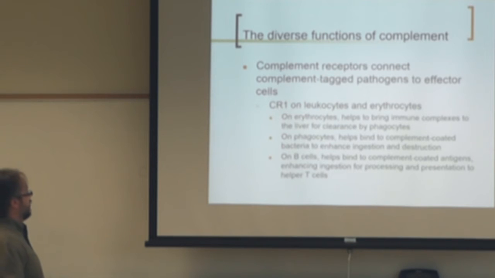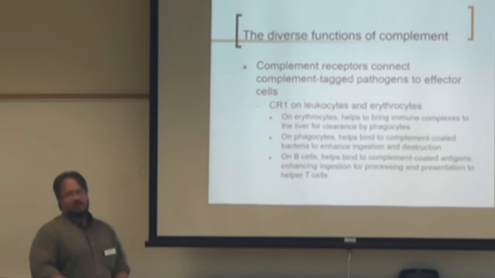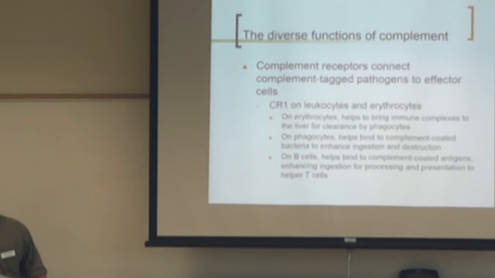On phagocytes, it helps bind the complement-coated bacteria, enhancing ingestion and destruction. On B cells, when it binds to complement-coated antigens, it enhances ingestion for processing, not necessarily to just digest it, but to process it and present antigen to the T cells. So each one of these cells, when it sees complement, may do a different thing. So this one is C1 receptor. Yes, C1 receptor. These are the three functions depending on what cell it's on.